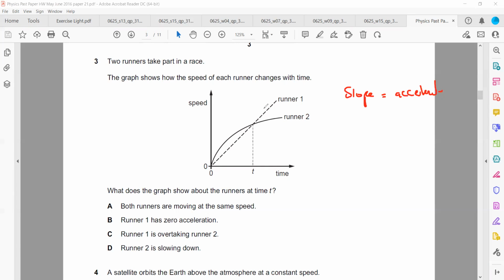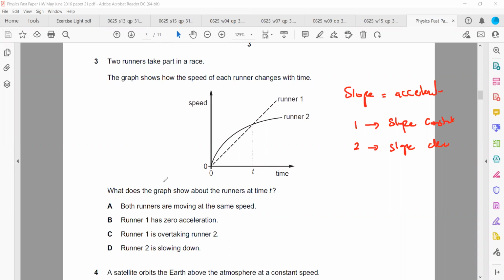For runner 1, because it is a straight line, the slope is constant. So it means acceleration is constant. And for runner 2, the slope is decreasing. It means his acceleration is decreasing. Now we have to check the option which explains the two graphs. I just gave this as information.